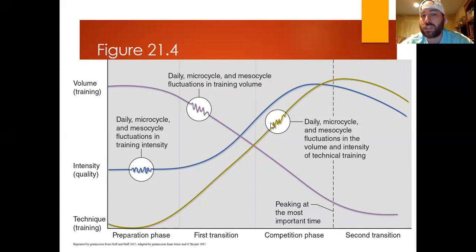It needs to become more technique based, and the intensity that we work with that technique needs to increase as well. When we get to that point where we're trying to peak, it's all technique and intensity, not necessarily load or volume.